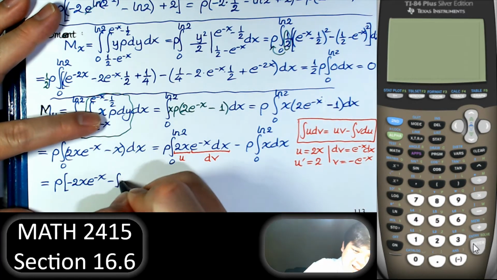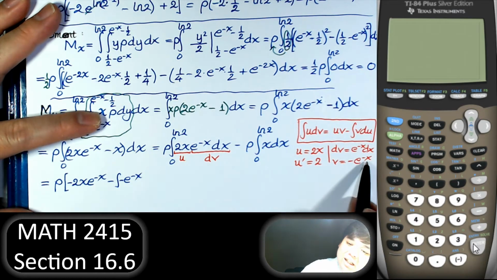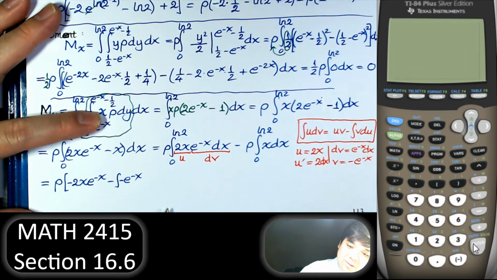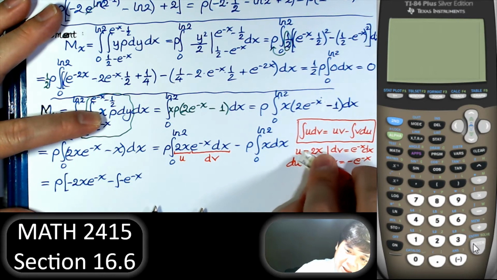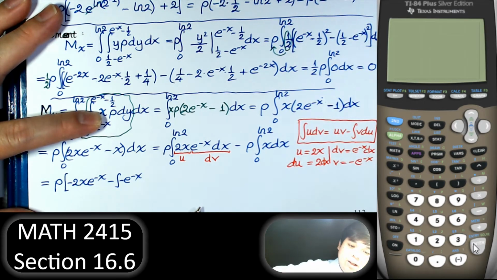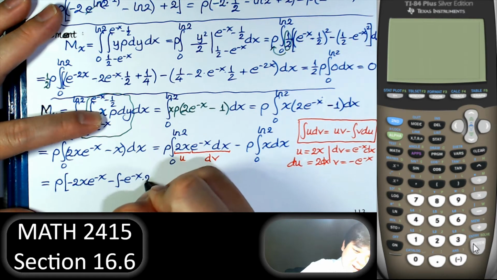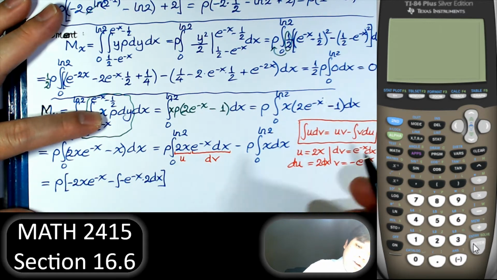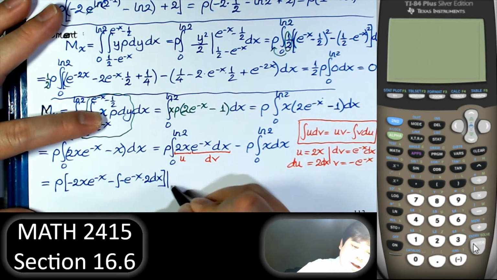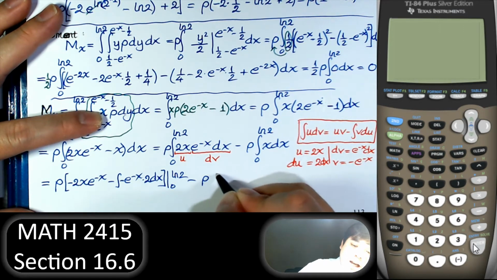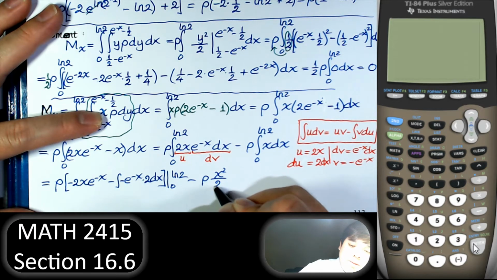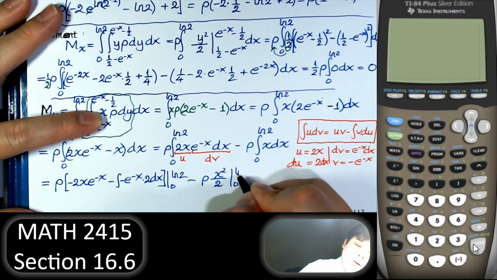When we're done with the integral, evaluate from 0 to ln of 2. And then this gives us just x squared over 2, from 0 to ln of 2.